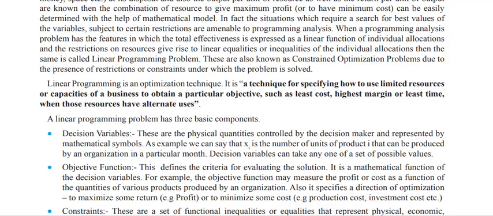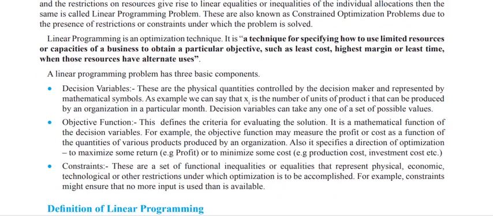Linear programming is exactly that we have to obtain our objective. That objective could be maximization of profit or minimization of cost, subject to certain conditions that we have limited resources or the resources have alternative uses.